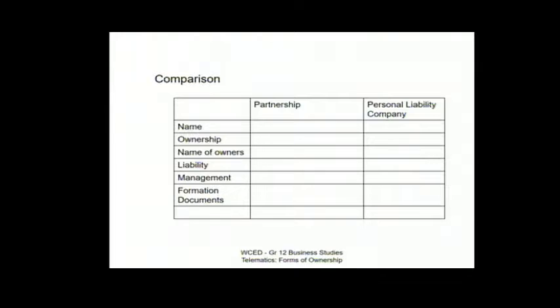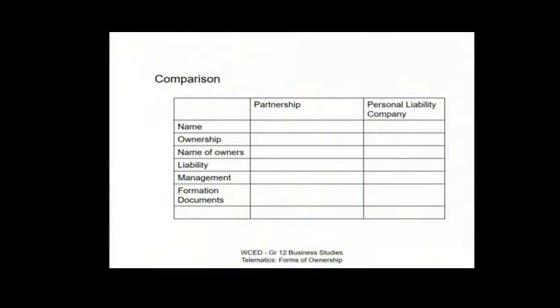Then the body. You must make a comparison, so it's ideal that you draw a table and do a comparison between the name, ownership, name of the owners, liability, management, formation documents. For example, for the name of the partnership, the Companies Act doesn't require any specific name.